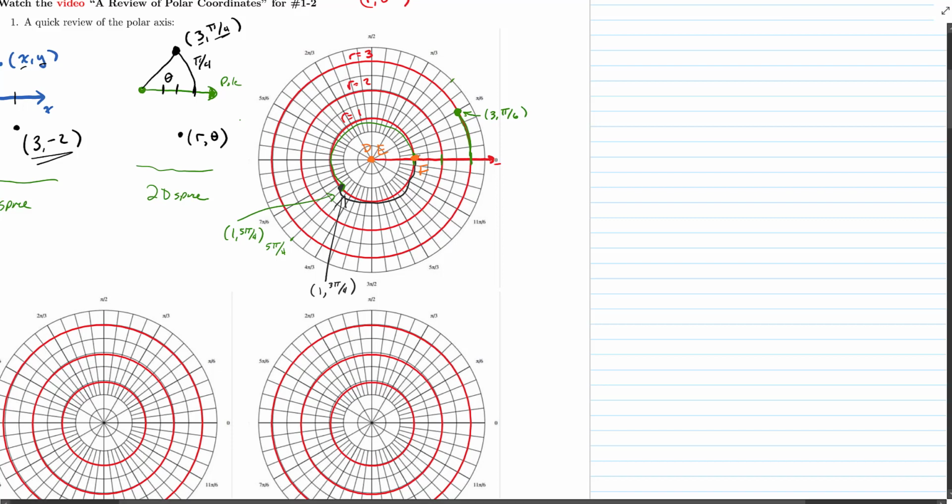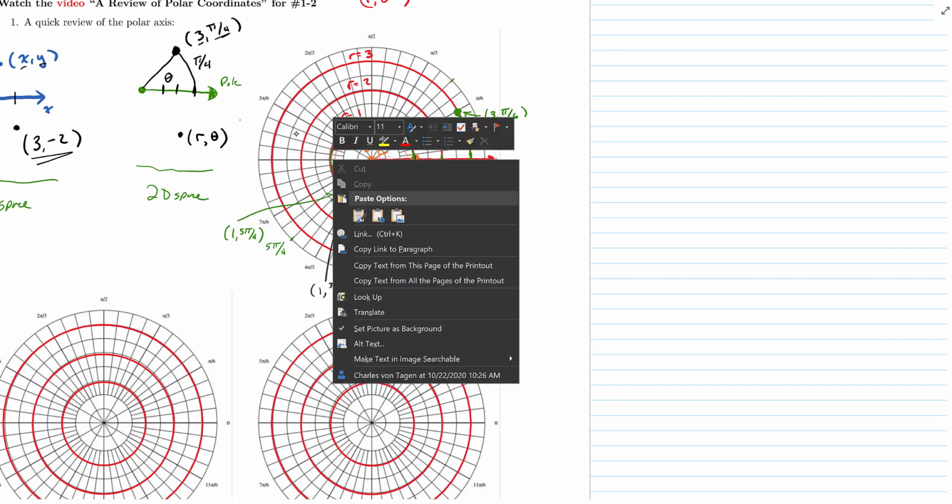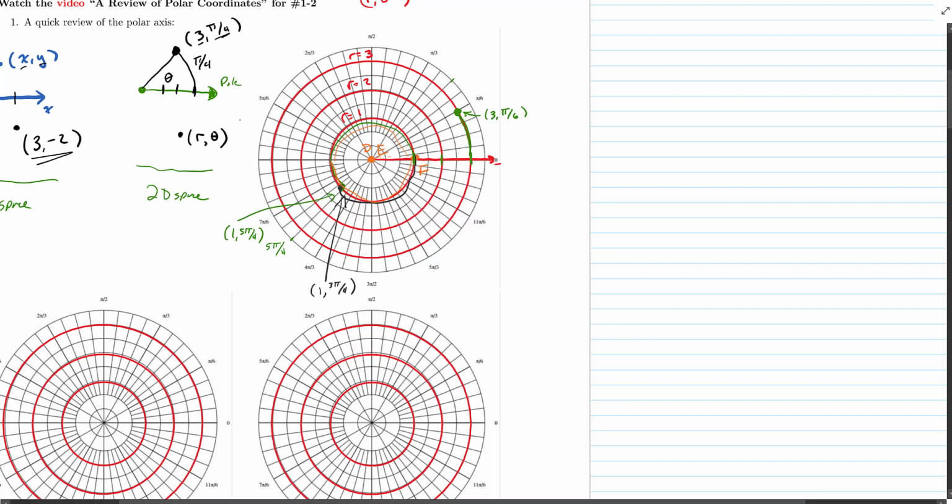And then for point F, the way we think about it is we go out 1, rotate an angle of minus pi, but then we multiplied that by a -1, which lands us right here. So we could think of this as the coordinates -1 comma minus pi, or more commonly known as the coordinates 1 comma 0.